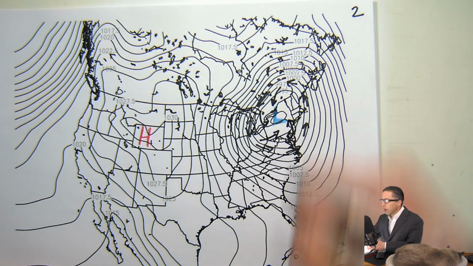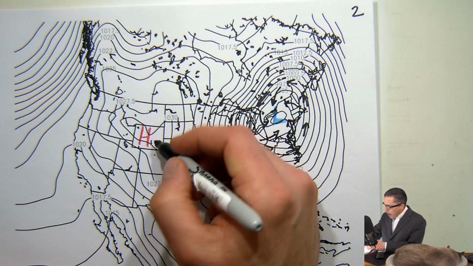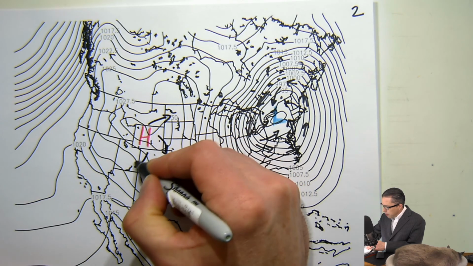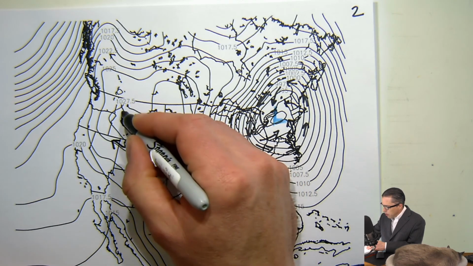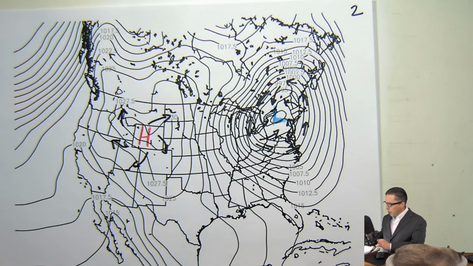And near the surface, high pressure spirals outwards, like that. But for the exercises we're going to do in this class, we're just going to draw the wind arrows parallel to the contour lines every time, so that we'll be consistent on the wind direction.